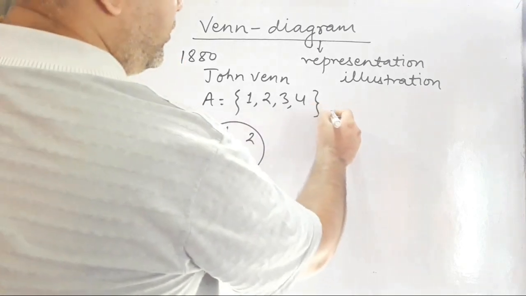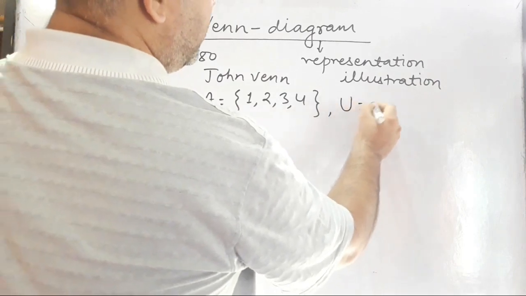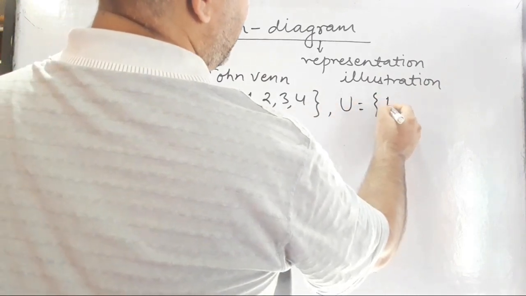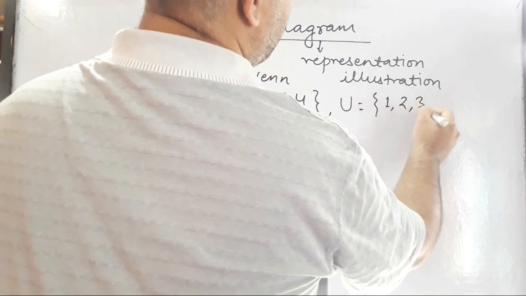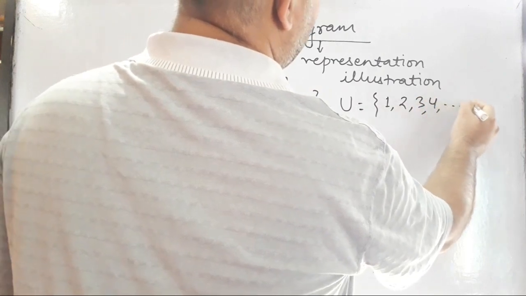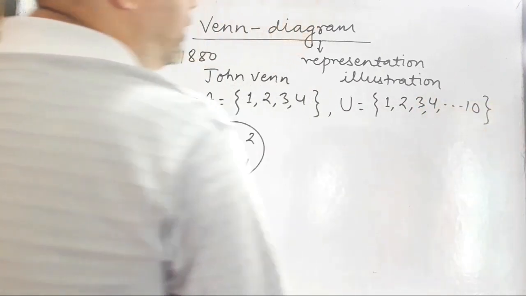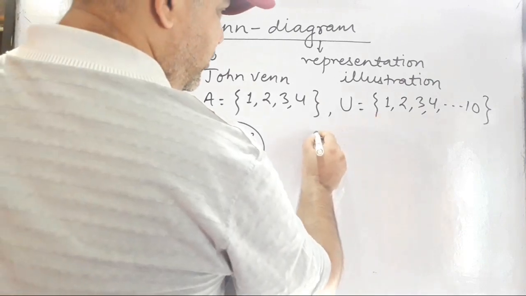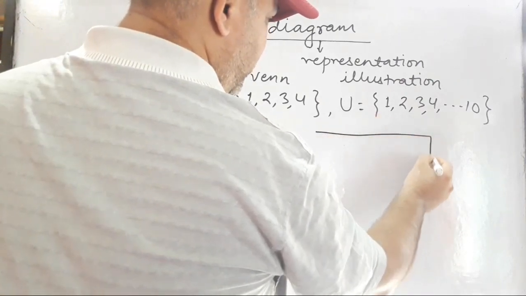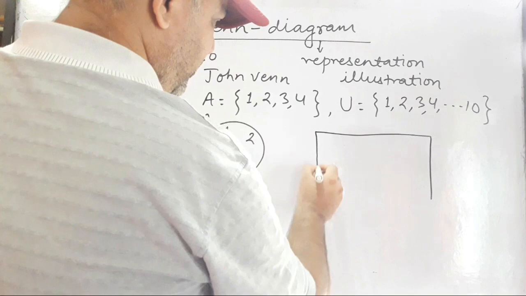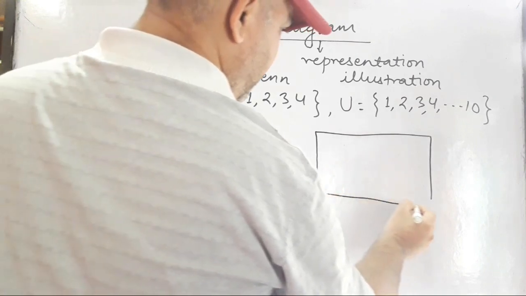And if U is a universal set having the elements 1, 2, 3, 4, that is up to 10, then this universal set can be written in the form of a rectangle like this.